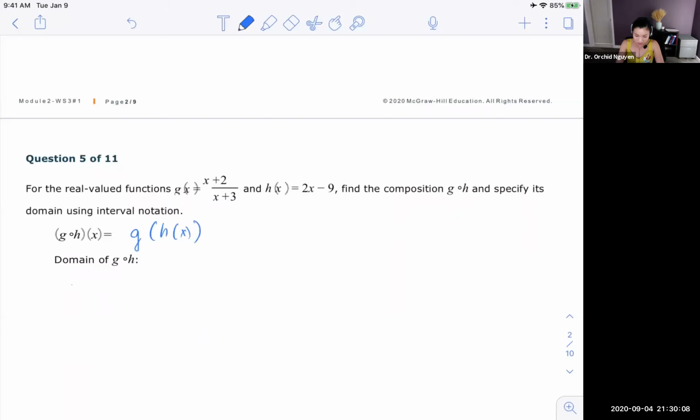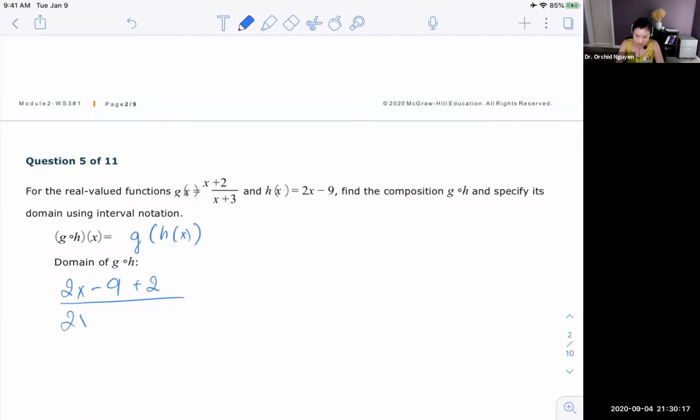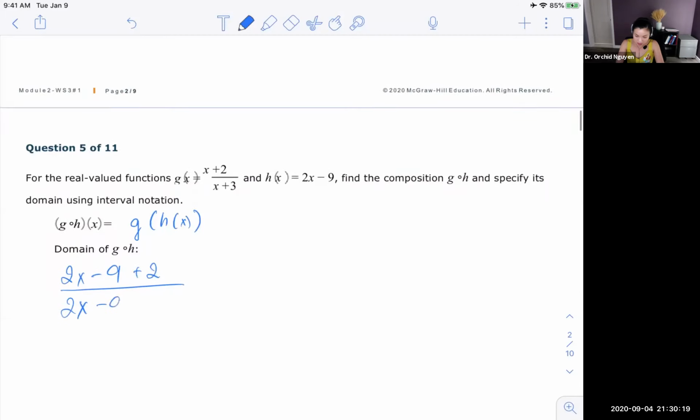So we have 2x minus 9 plus 2, and on the bottom, I have 2x minus 9 plus 3. For this one, we definitely can simplify it. So we have 2x minus 7, and on the bottom, I have 2x minus 6.